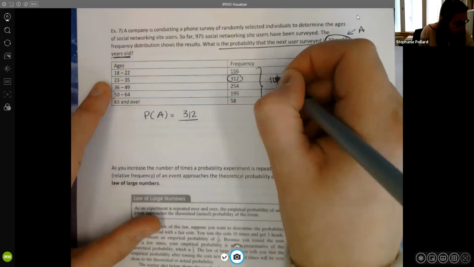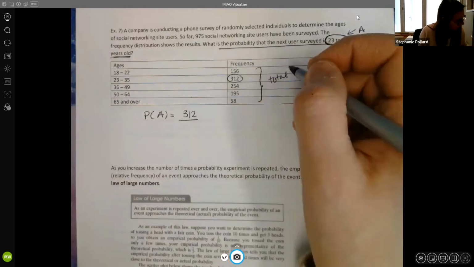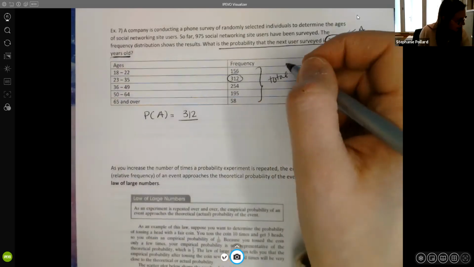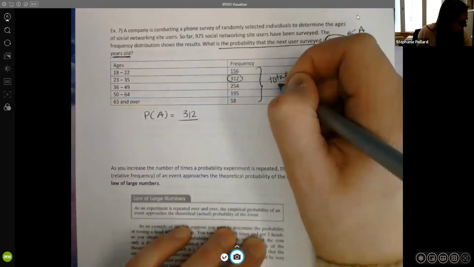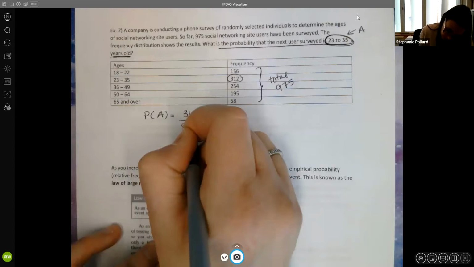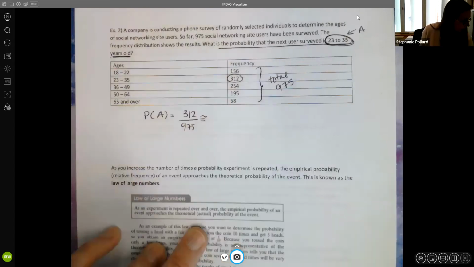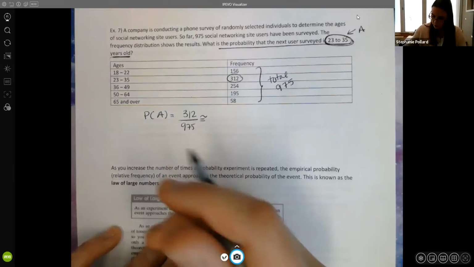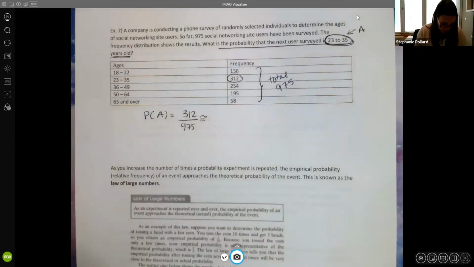How many people are there all together? If I add these all up, sorry, let me check my notes here. I see that the total should be 975. So I'm just using this idea of part to total. And when I go ahead and do this, I believe it comes out exact. Let me just double check my notes.